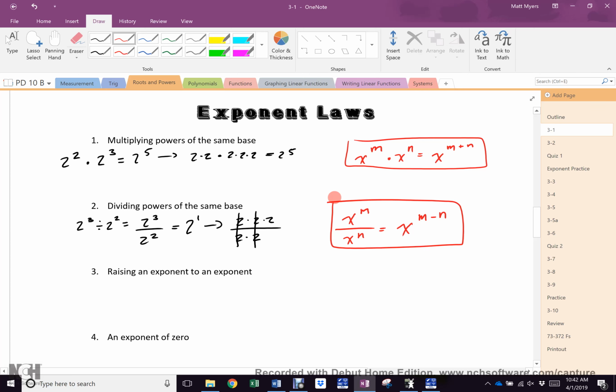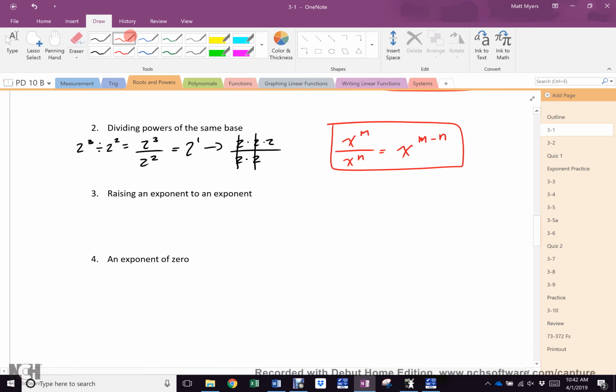Of course we are. Raising an exponent to an exponent. That is this. 2 cubed squared. What is the answer? 2 to the 6th. Why? Because it is 2 cubed times 2 cubed, which is 2 times 2 times 2, times 2 times 2 times 2, which is 6 2s.